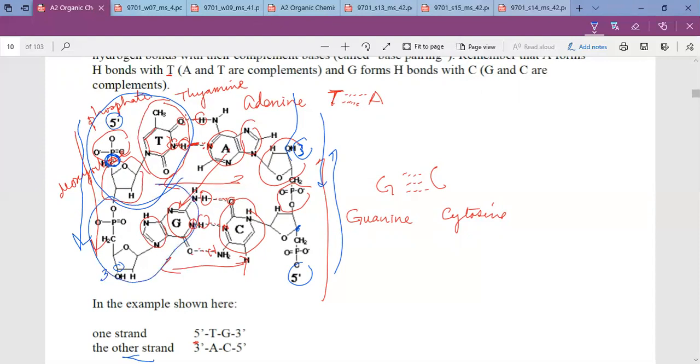All these nucleotides are bound together in this chain. This chain here is called the phosphate sugar chain.